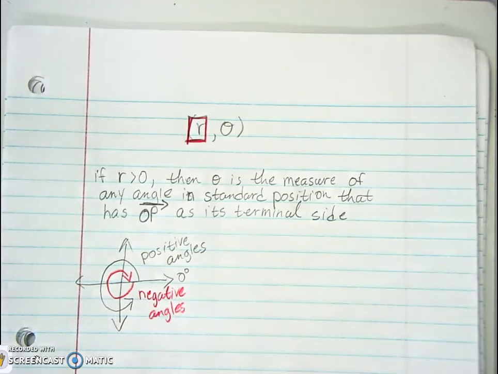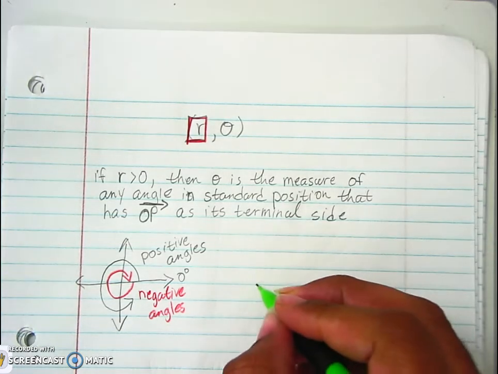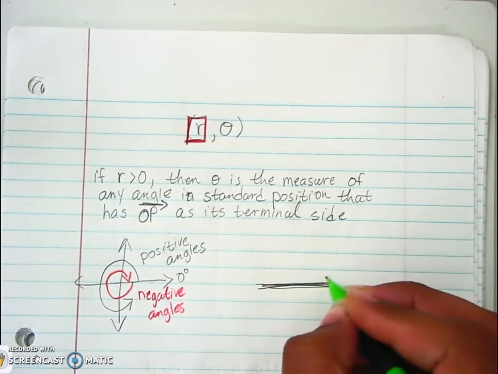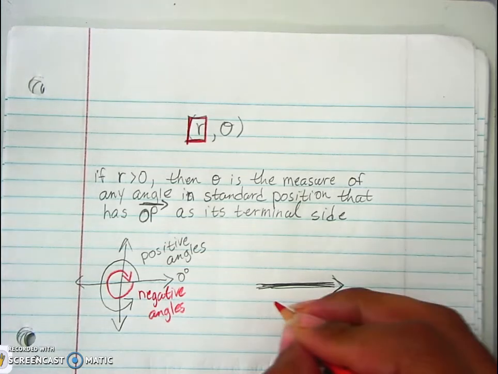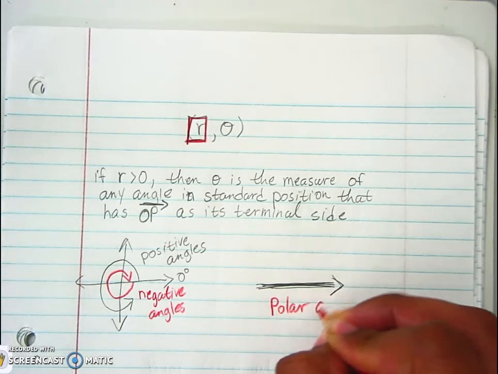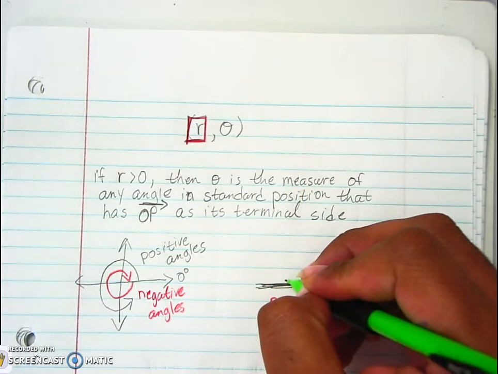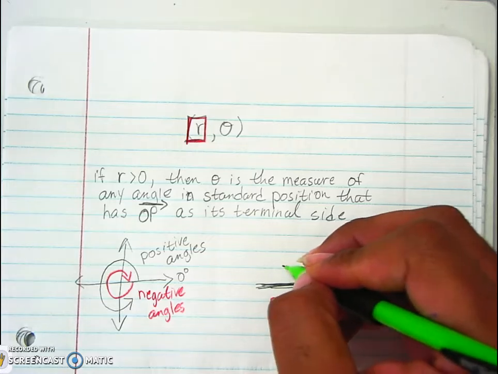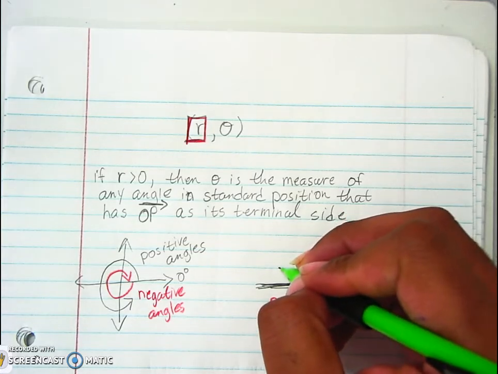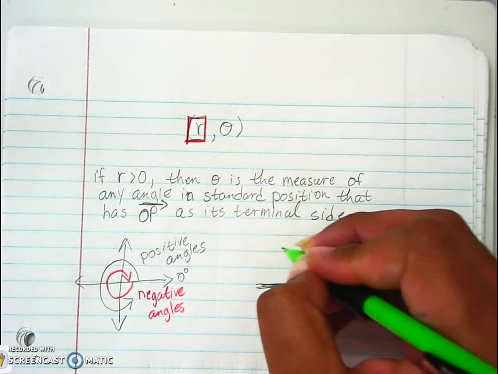It kind of works the same way with the r, kind of, sort of. When it comes to our positive, we know we have our polar axis right here. Again, this is our polar axis. And if r was a positive number, that means we're going with the numbers that are on this side that are positive, and we just make the angle come around.